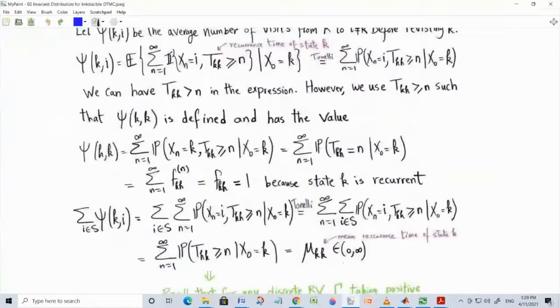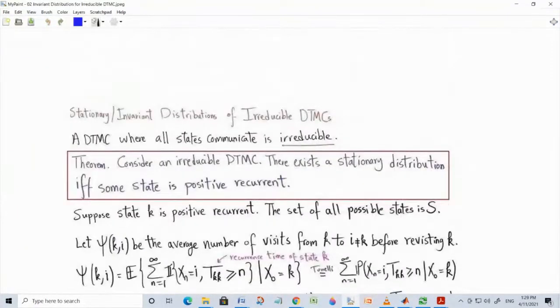Okay, so now let's talk about this theorem. It tells you that if you have an irreducible discrete time Markov chain, and what is the meaning of irreducible? It is a discrete time Markov chain in which every state is accessible or reachable from every other state.